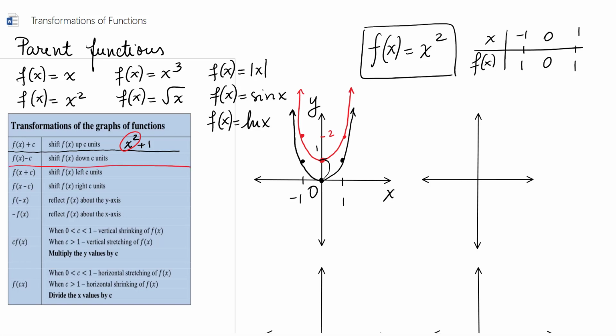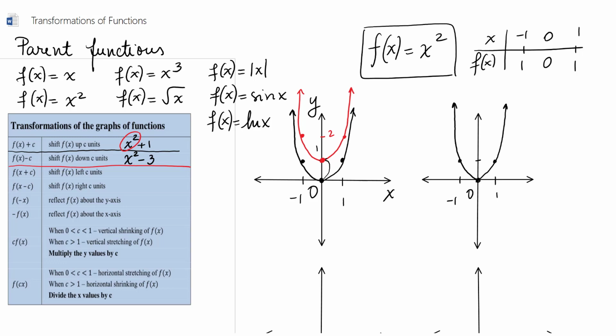So let's try the second one. So I'm going to again graph the x squared in black and the origin, and then 1, 1. And this is the parent function, the graph of the parent function. And then if I have the parent function minus 3, for example, what's going to happen? This graph is going to shift 3 units down.